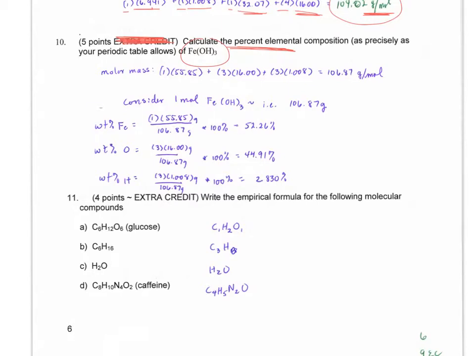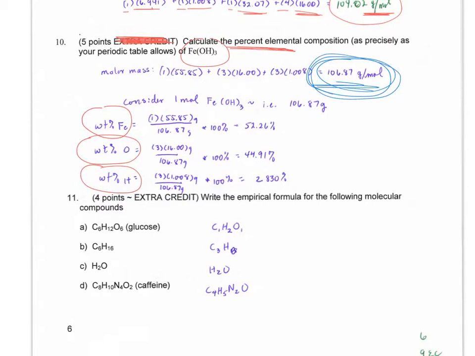So I needed a weight percent for iron, a weight percent for oxygen, and a weight percent for hydrogen. So like I said in lecture, what I would suggest doing is coming up with the whole weight. And then in each of the cases I divide the weight of the element by the whole weight. Weight of the element divided by whole weight. And you guys had some homework like that recently. And this is one of those problems where you can actually check. This should be about 100%.